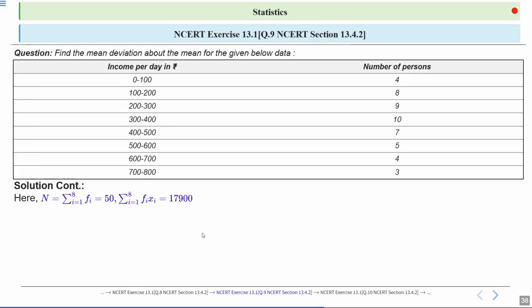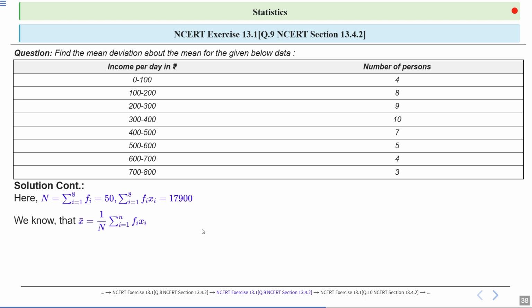Here n is equal to the summation from i equal to 1 to 8 of fi, which is 50, and the summation from i equal to 1 to 8 of fi times xi is 17,900. Now let's recall the formula for the mean of grouped data. So the mean, written as x bar, is given by x bar equal to 1 divided by n multiplied by the summation from i equal to 1 to n of fi times xi.